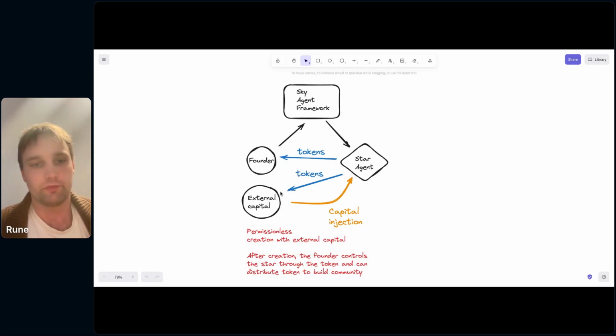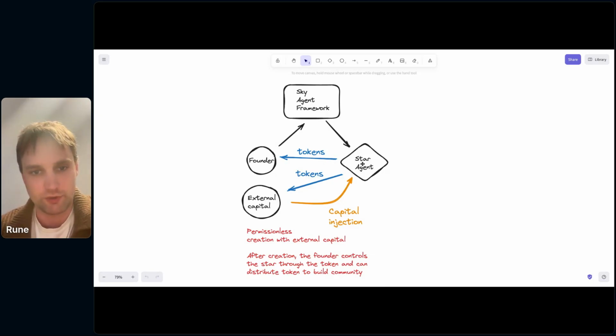All of the stars will be created through a founder that interacts with the Sky Agent framework in order to create a star agent, and then some investors that inject capital into the star in one way or another. It could be a public sale, private funding, or a seed round. It could even be the founder having its own capital. This is already happening in some cases, where ecosystems that also have capital are interested in setting up a star dedicated to their own ecosystem.